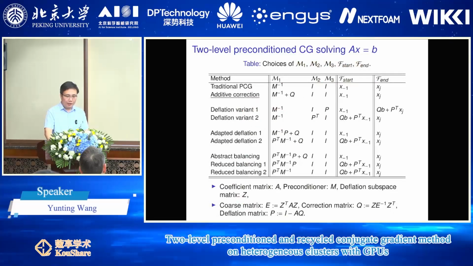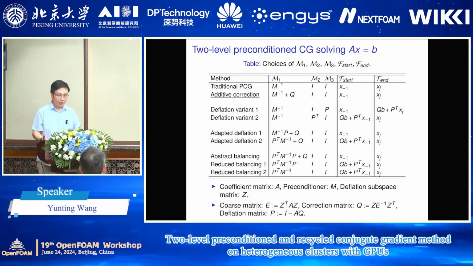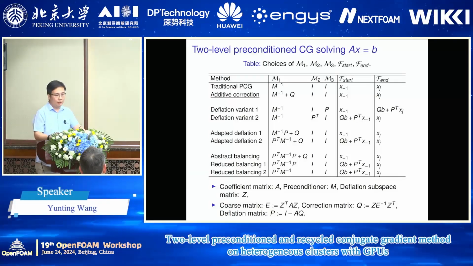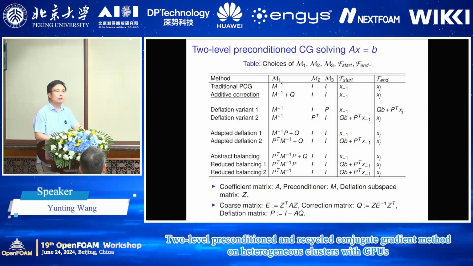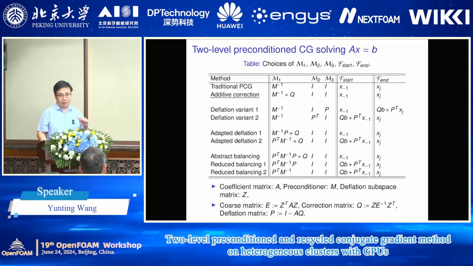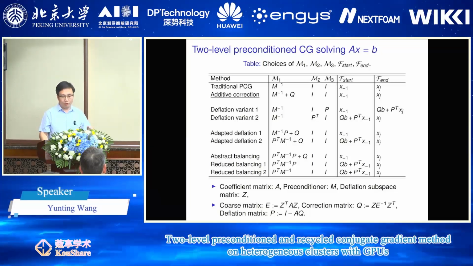The key here is how to choose the correction matrix Q, for example additive correction, which is the method we use in this presentation. Another key is how to choose the deflation vectors, the deflation operator P.